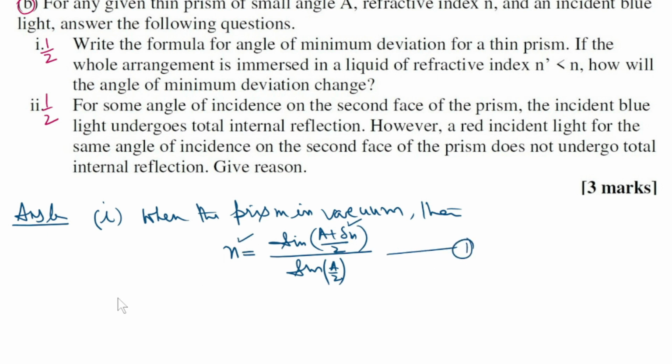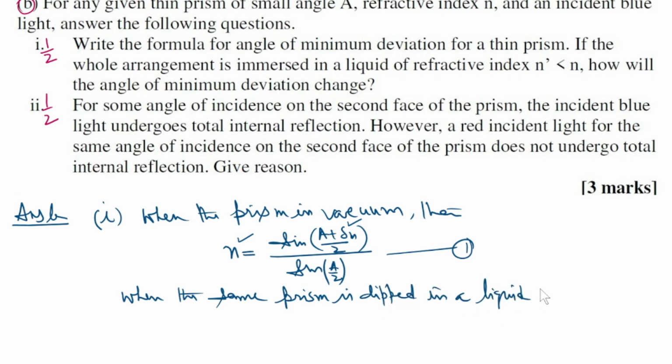When the same prism is dipped in a liquid of refractive index n dash less than n, then this formula changes to n by n dash equals sine of (A plus delta m dash) by 2 upon sine A by 2.